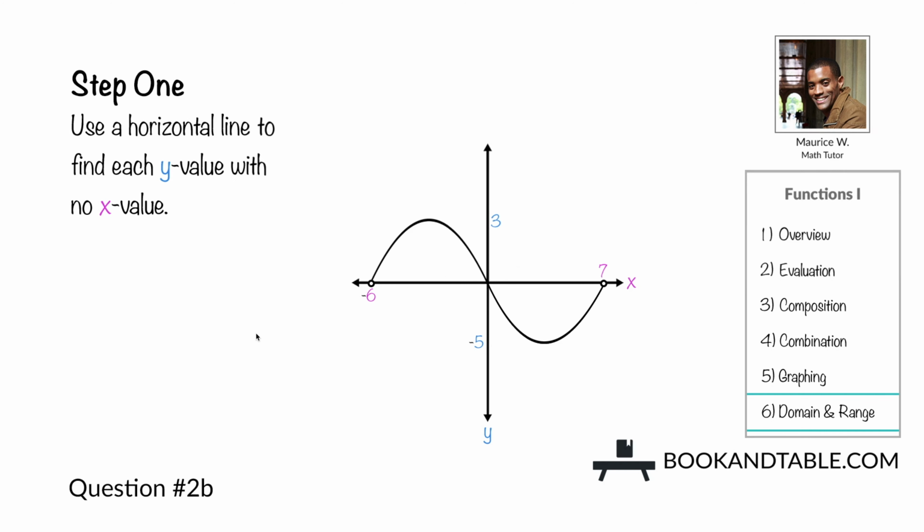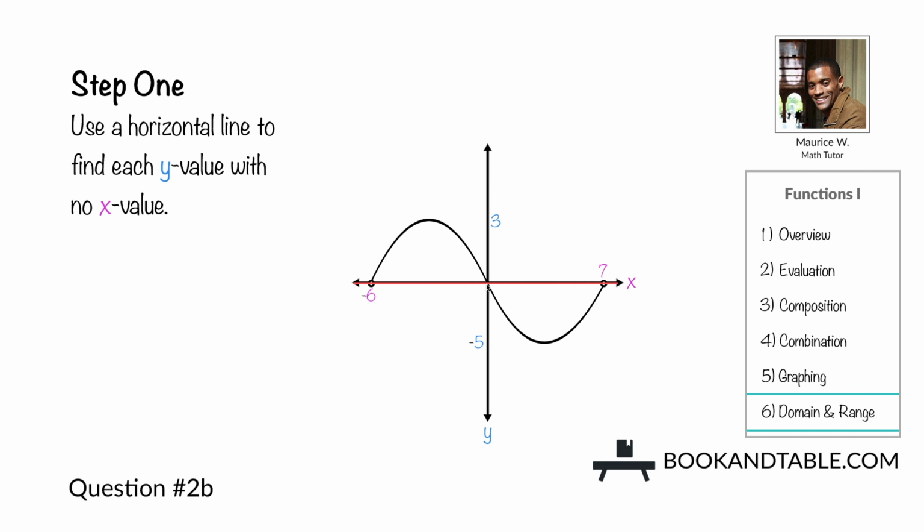Now let's take a look at the range. We will use a horizontal line to find each y value with no x value. So we'll start at the bottom and work our way up. So the range is from -5, and we see all y values are accounted for, even though -6 has a circle here and 7 has a circle here.